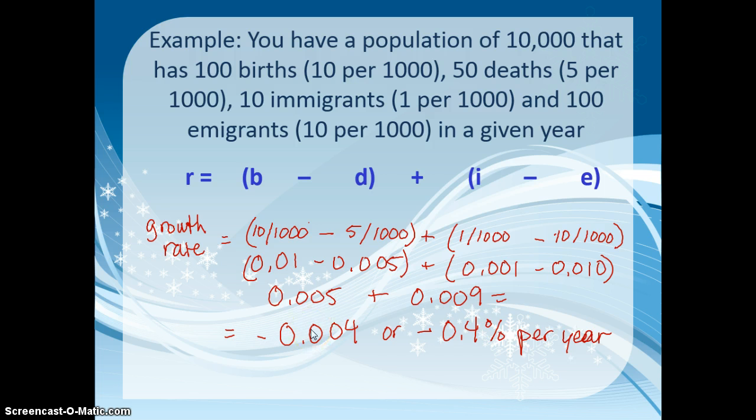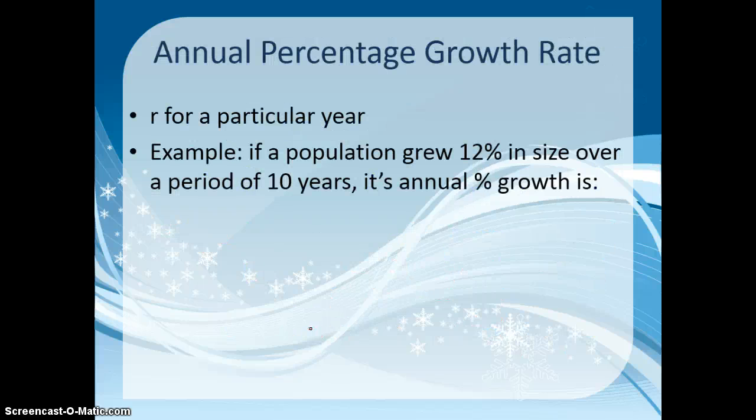Now in this example, this was already talking about just 1 year. But in some cases, that's not going to be the case. You're not going to be talking about an annual rate. So you will want to find an annual percentage growth rate, or how much it's growing every year.